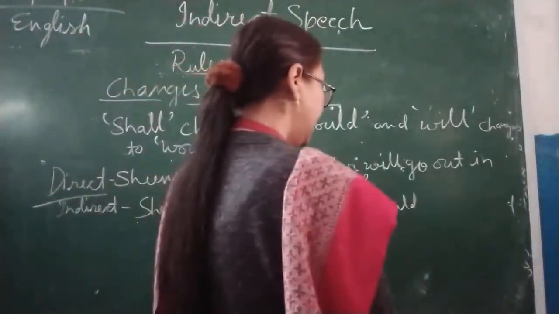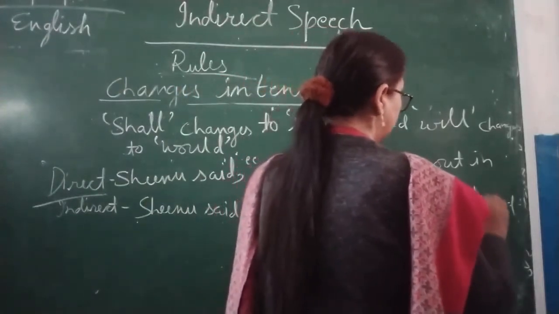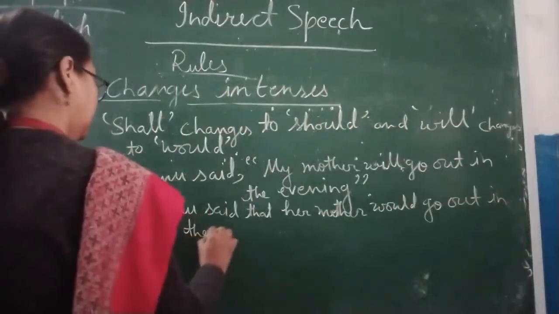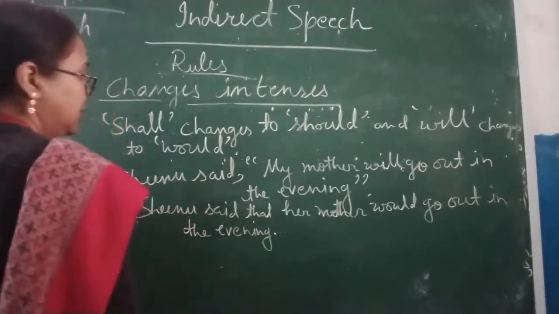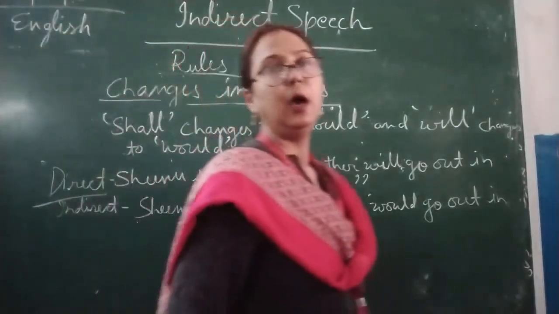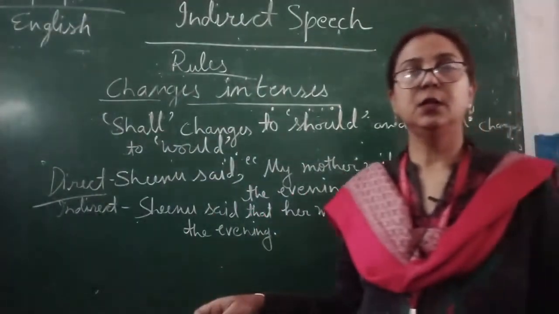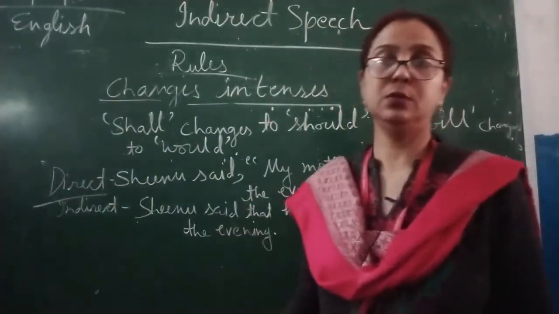So her mother would go out in the evening. Okay children, so these are the rules. A few rules are left, so we will discuss in our next videos.